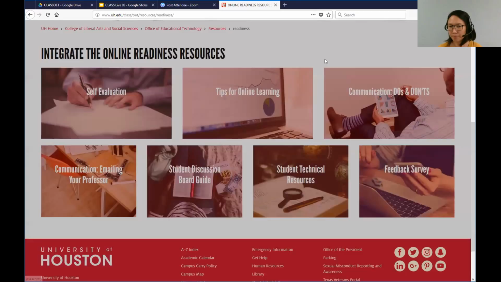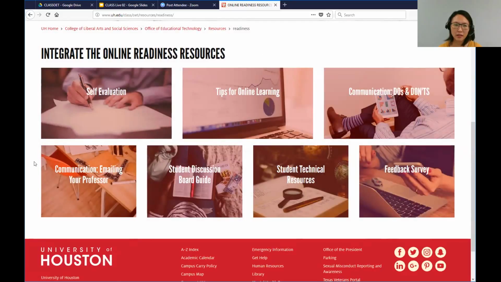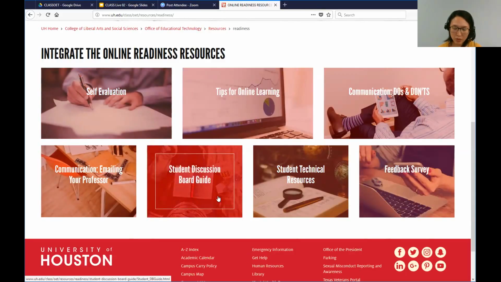Just to extend on that, for any of these resources, like the discussion board guide, I recommend that instead of putting it at the very beginning of the first day of class or the first module, you place it right before the assignment so that students can review it and then get started on the assignment.